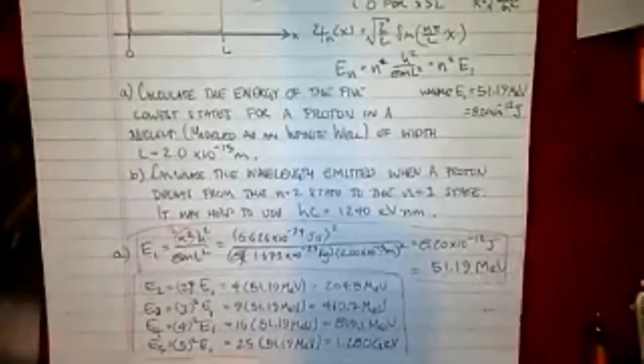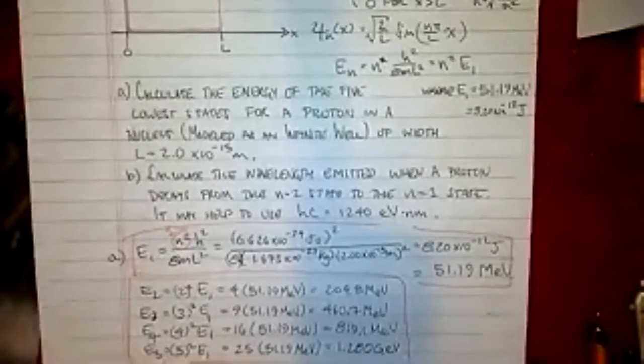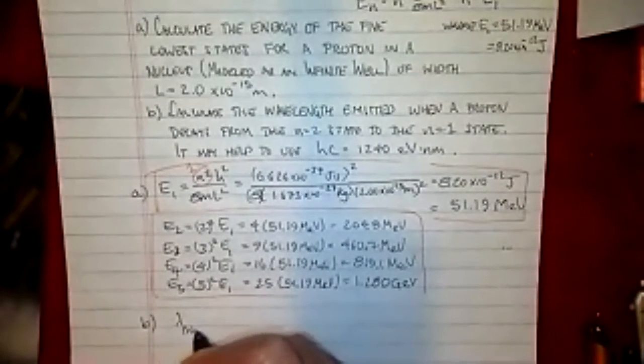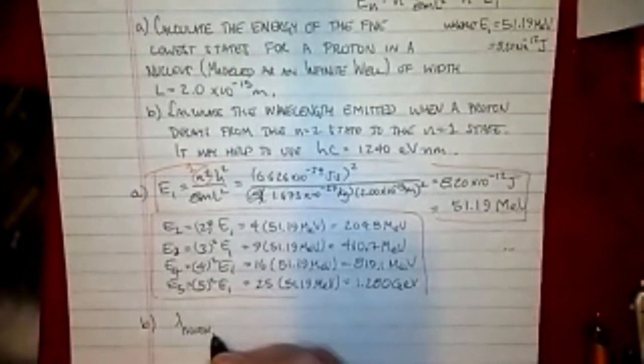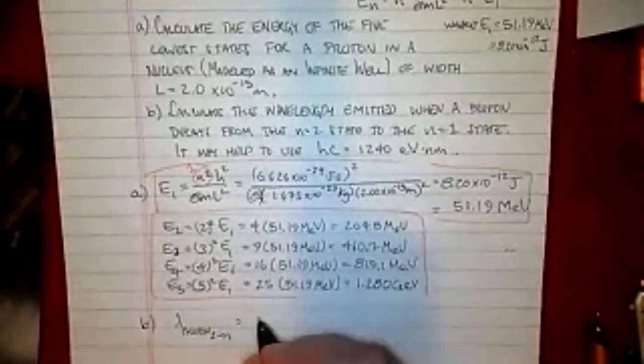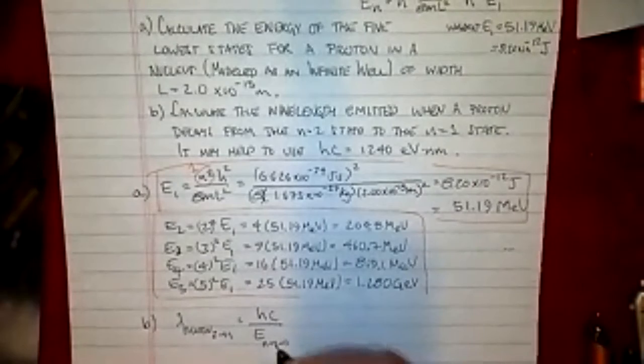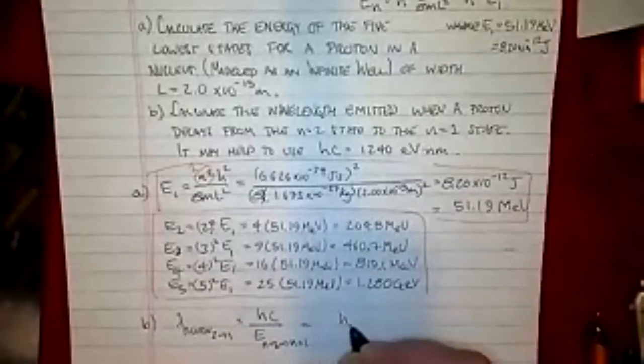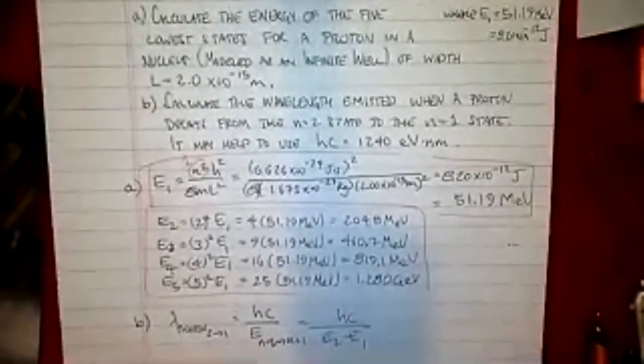If I wish to calculate the energy difference, or in other words, the photon wavelength that's being given off, what I realize is that the lambda of a photon that's given off due to the proton going from 2 to 1 is equal to hc over the energy from going from n equals 2 to n equals 1. So that's hc over E2 minus E1. That's really how we calculate it.